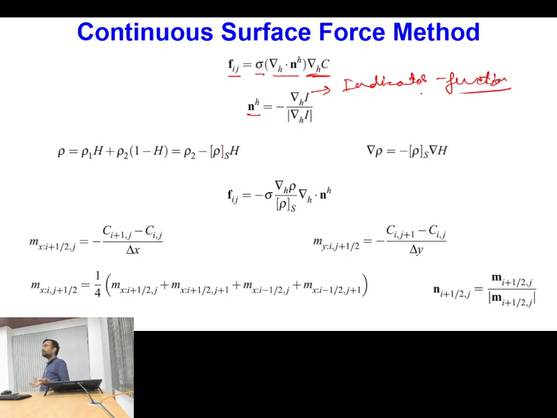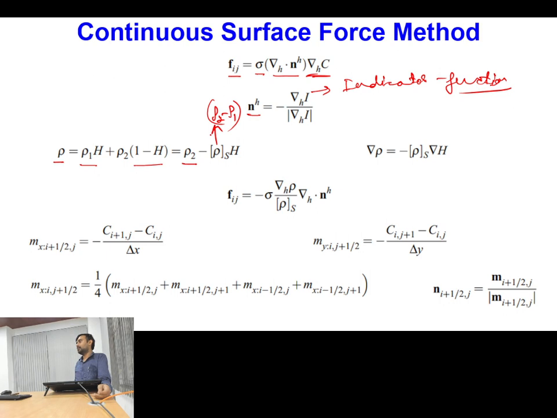The indicator function is nothing but a smoothed version of the color function. One important thing I can do now: I know that my density for an interfacial cell will be equal to rho 1 into h, where h is the marker function, plus rho 2 into 1 minus h, which can be written as rho 2 minus this capital bracket rho s into h. What does this mean?